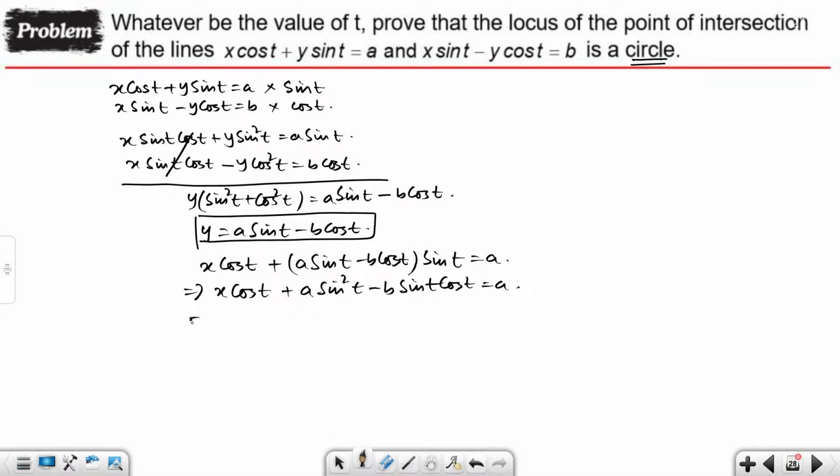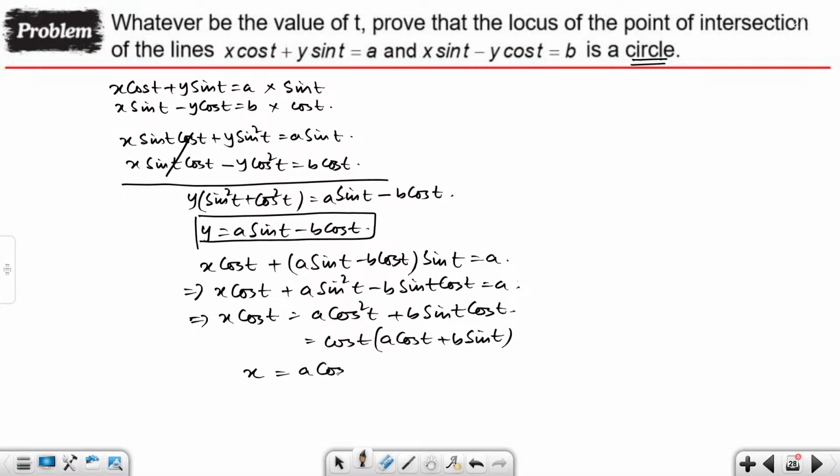So we are having x cos t is a cos square t plus b sin t cos t. Is this clear? So let me take cos t common. So a cos t plus b sin t. So from here we are getting x as a cos t plus b sin t. Is it clear? So what is this x and y? This is the point of intersection.